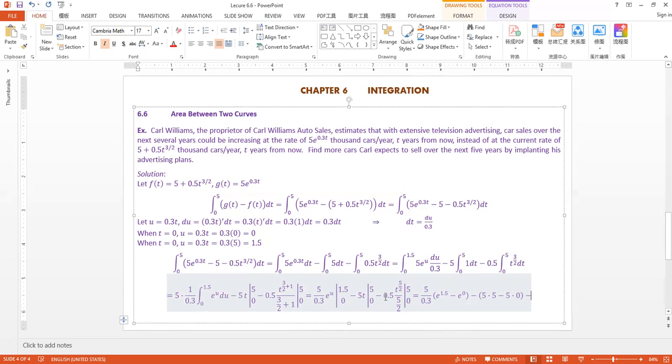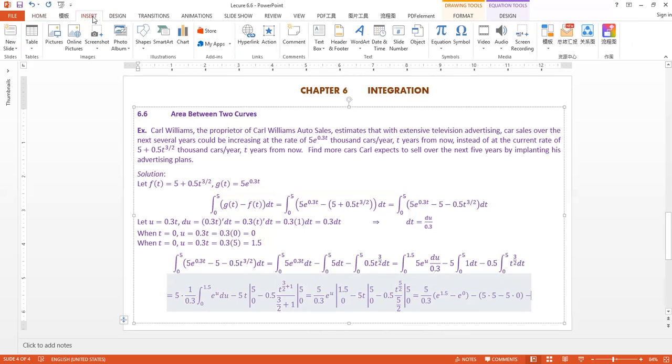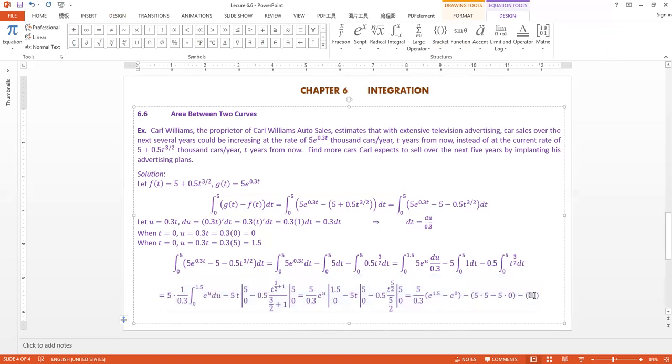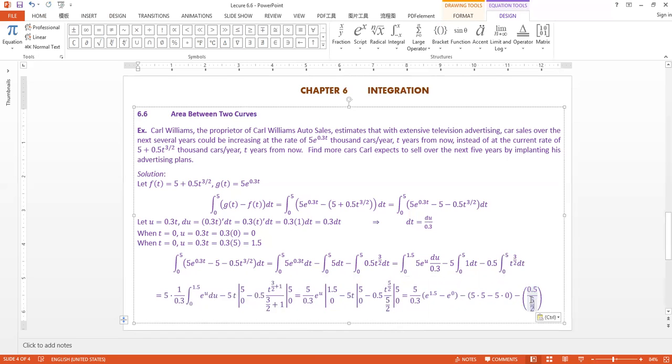Again, you can rewrite these fractions, but let me just combine these two steps in here. In the last term, I'm not going to write too many steps, but instead I'm going to write 0.5 over 5 over 2 and t to the 5 over 2.